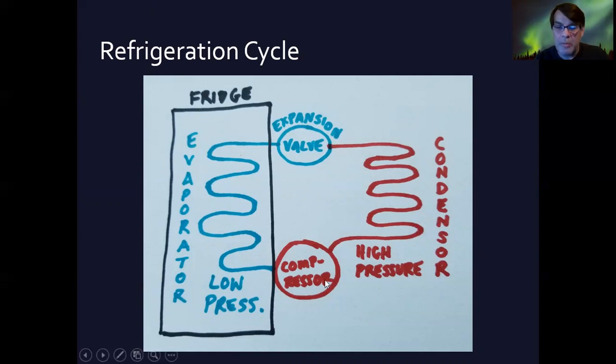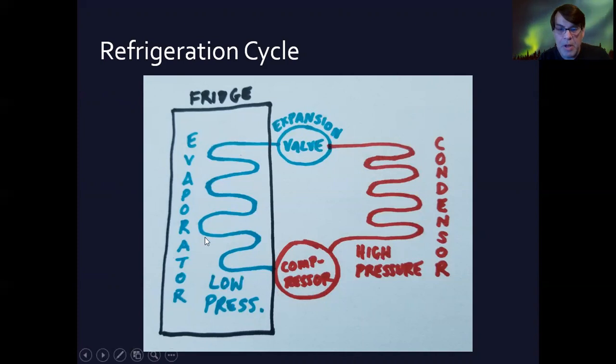So the compressor is where the work is done. The compressor is plugged in. It's a motor, and of course there's some sort of working substance in this thing, maybe Freon or something like that. So there's some sort of chemical, a vapor, something in vapor-liquid equilibrium most of the time.